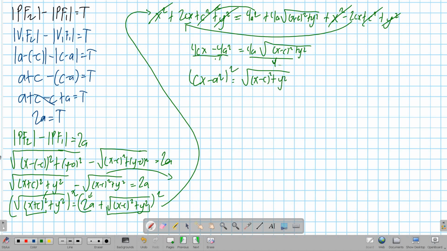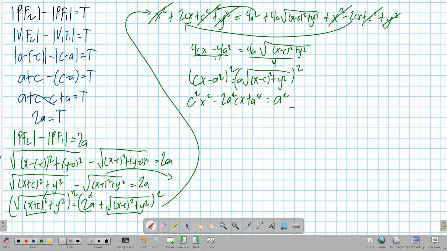Now we square again both sides to remove the remaining radical. The left side becomes a perfect square trinomial because it's, well, a binomial. So this becomes c squared x squared minus 2a squared cx plus a to the 4th. Well, the other side, oops, sorry, I forgot a here. Let me rewrite that. There should be a here. There.